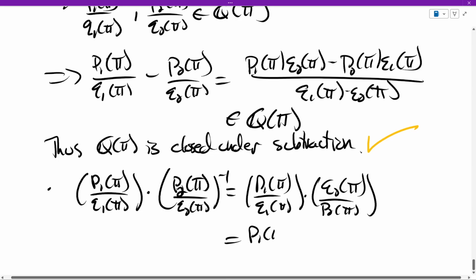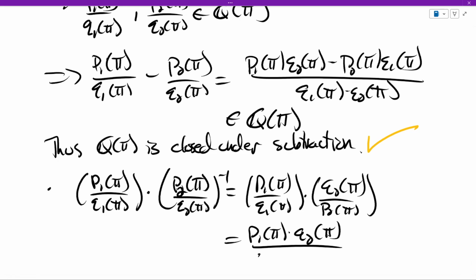And then we're just going to get p1 times q2 over q1 times p2, and that is products of polynomials in pi, so still polynomials in pi, and then a quotient of them. All right, so that's there too. So we're closed under division.